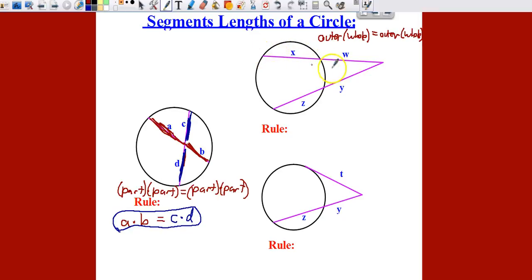The way this works is the outer for this one is going to be W. The whole is W plus X. Over here, for the one at the bottom, we have the outer as Y, and similarly, you multiply that by the whole, which is Y plus Z.